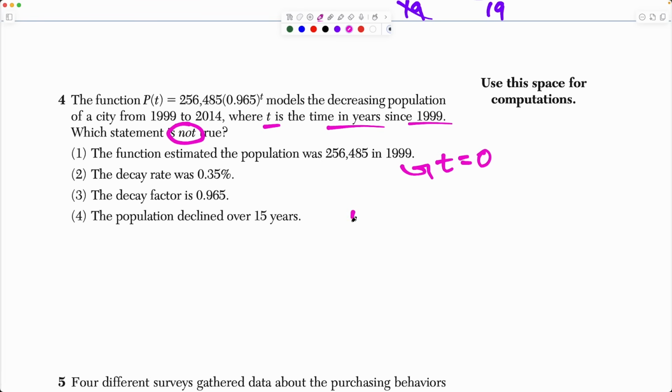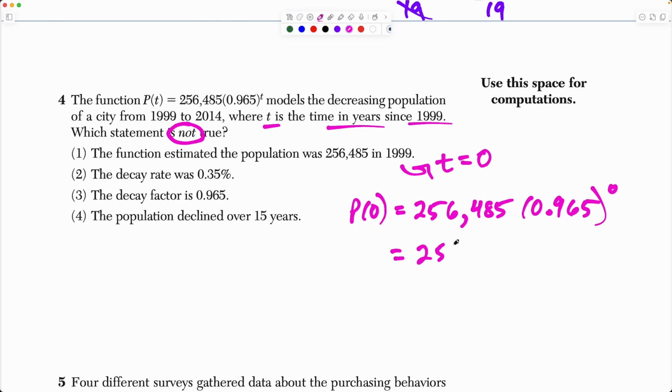If we were to plug in 0 to the function, so p of 0 equals 256,485 times 0.965 to the 0 power. If you type this in the calculator, you're going to get just this number, because 0.965 to the 0 is equal to 1.